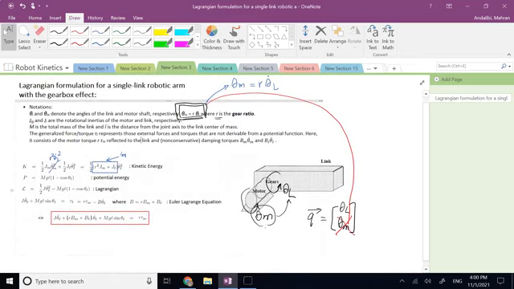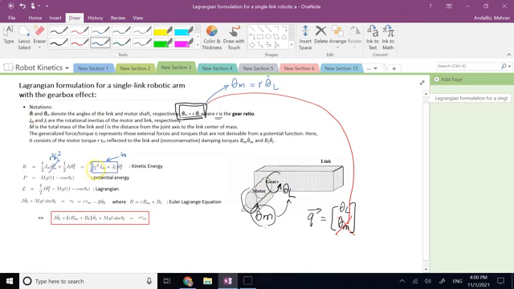Because for many robotics applications, the motors are rotating very fast and we don't want a robot to move that fast. So we typically use a big reduction, let's say 100 or so, and we bring down the RPM by a significant amount. So when the R here is squared, that is going to be a very large number.